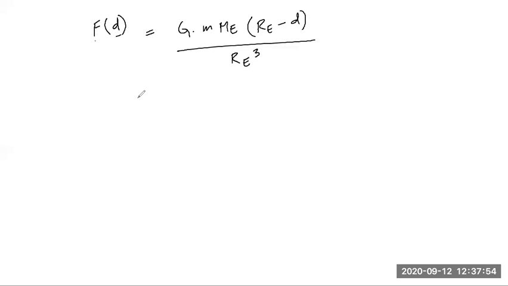So now see that acceleration due to gravity the mass is experiencing at depth d is force divided by mass, because force is equal to acceleration due to gravity into mass. So this is F by m.